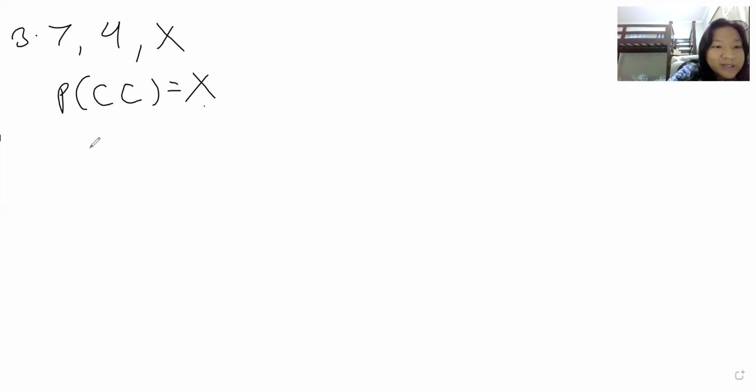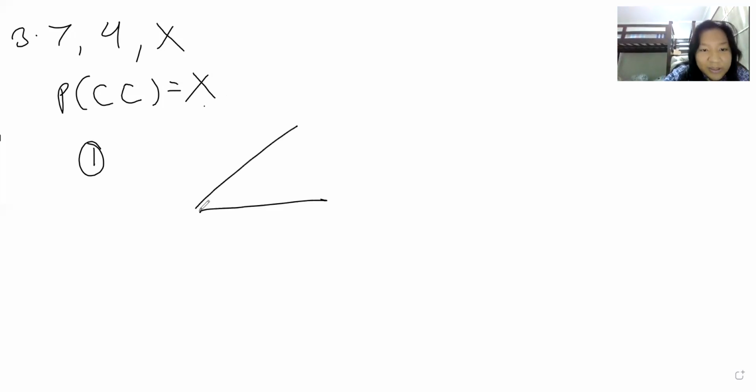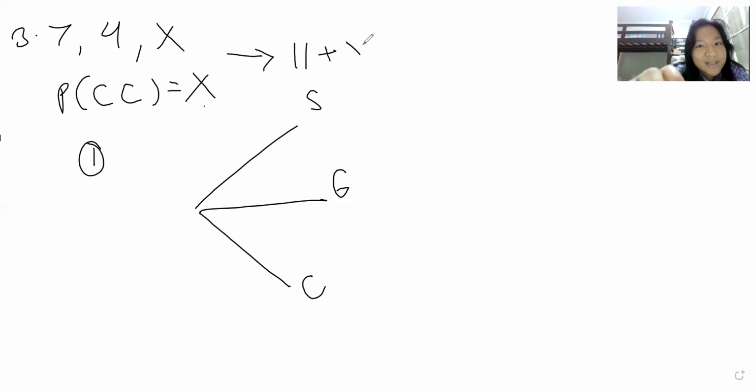Let's start answering the first one. Okay, I think it's better to draw the tree diagram first. So this one, and this one. Silver, gold, and copper. If there are 7 silver, 4 gold, and X copper, the number of coins in total must be 11 plus X, right?